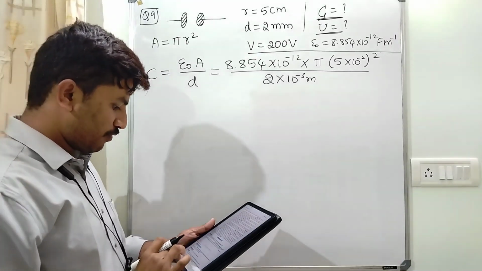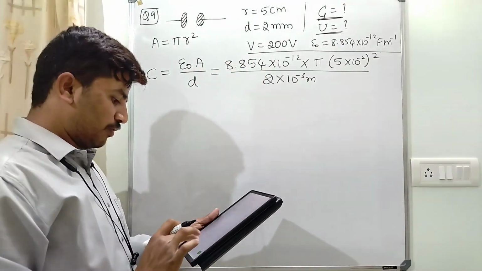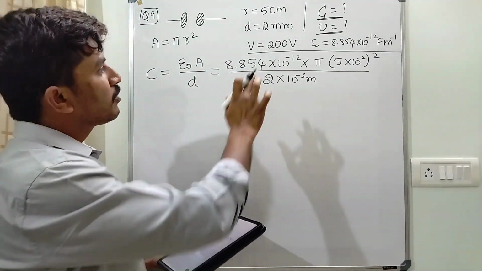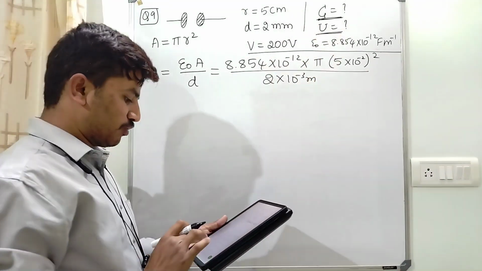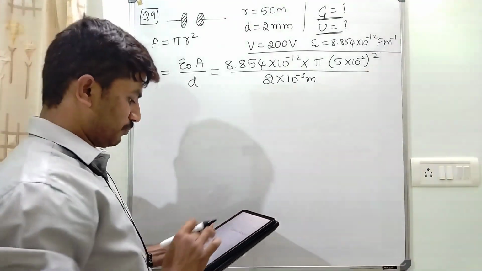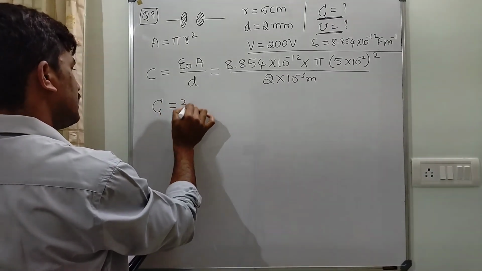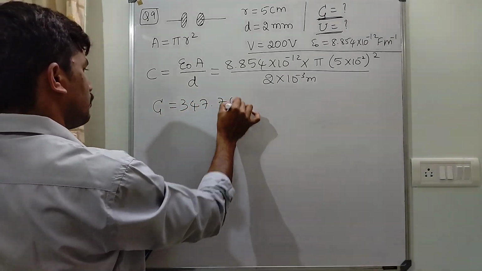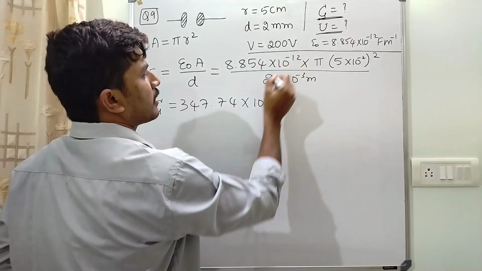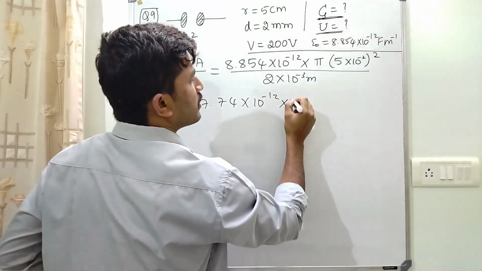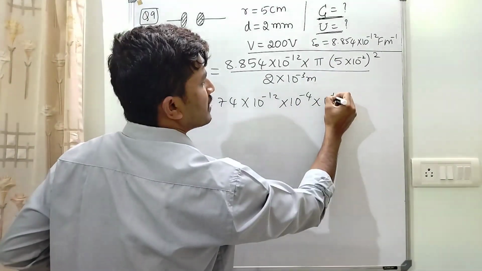Okay. Now if you solve this by using a calculator, I will get this much value, 8.854 into pi value 3.142 directly I will put into 5 square is 25 divided by 2. So the value is C is equal to 347.74 into 10 to the power minus 12 into 10 to the power minus 4, 10 to the power minus 3 is there, it will come to the numerator 10 to the power plus 3.